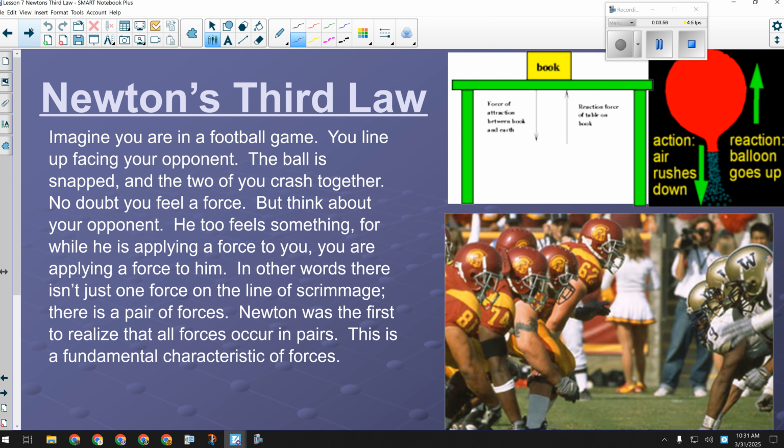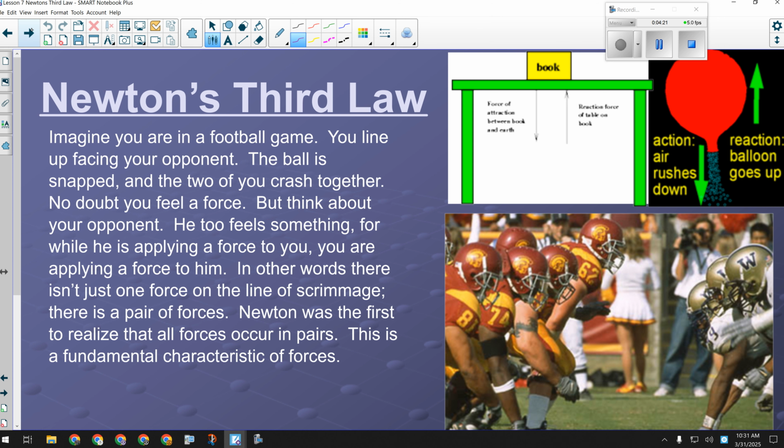Okay? So, if we see football players lined up across from each other, and the ball is snapped, they crash into each other, all right? Are the forces equal? They absolutely are. But if one line is heavier than the other, they may accelerate that line forward or backward.